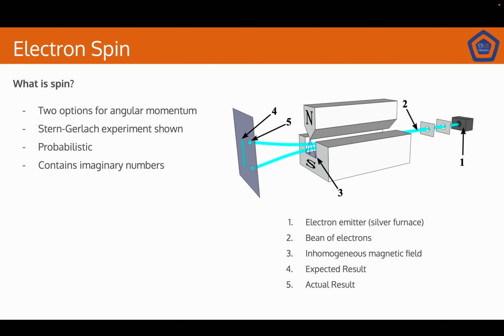The first people to discover this were named Stern and Gerlach, those are their last names. What they did was they fired electrons through a magnet to measure the spin.